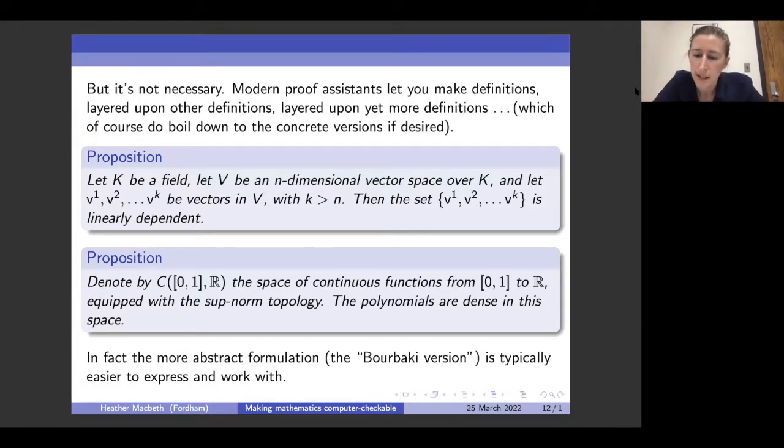So those of us who use the proof assistant Lean have a collaborative project, a library called Mathlib hosted on the open source platform GitHub that totals the better part of 1 million lines of computer code, and which covers the better part of the undergraduate curriculum and some of the graduate curriculum.